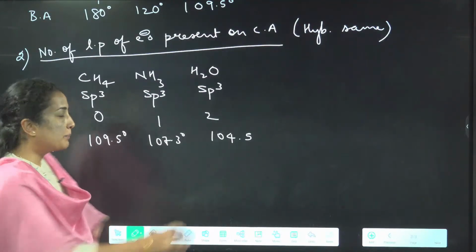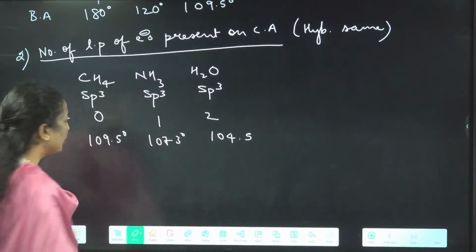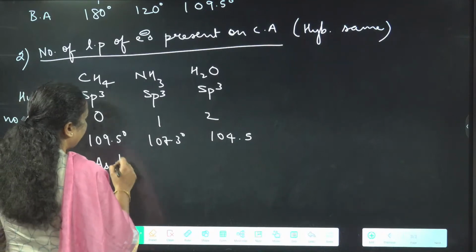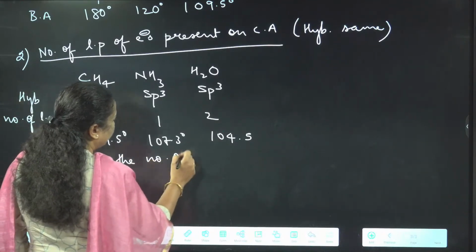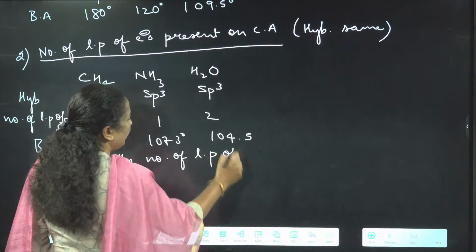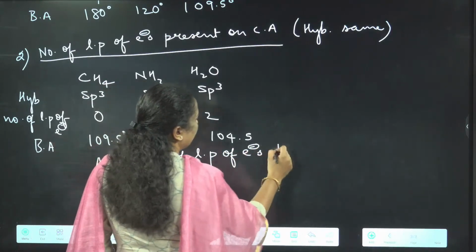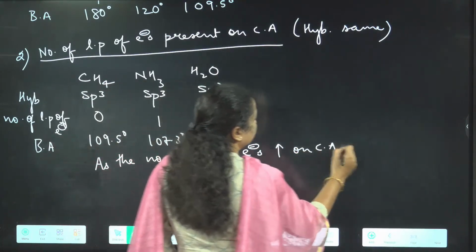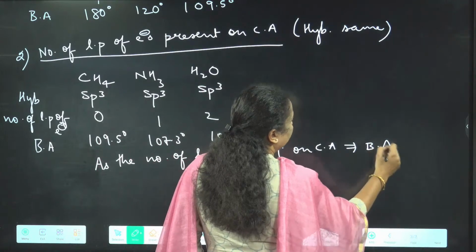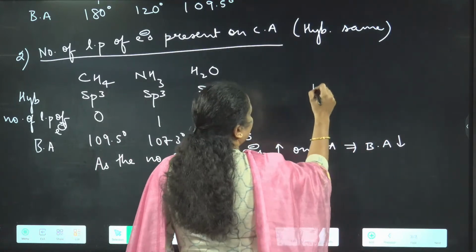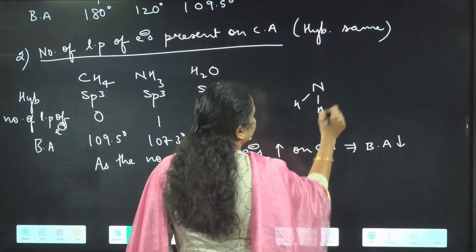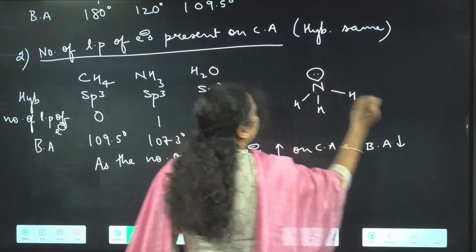What is the pattern or conclusion which you can draw from here? As the number of lone pair of electrons increases on the central atom, what is happening to the bond angle? It is decreasing.